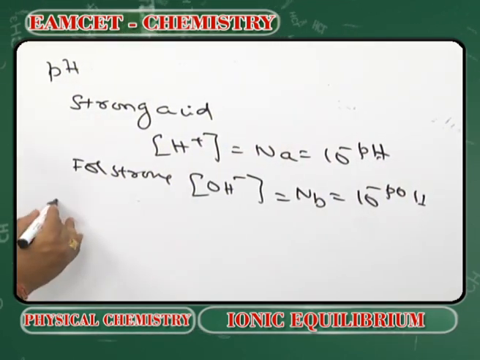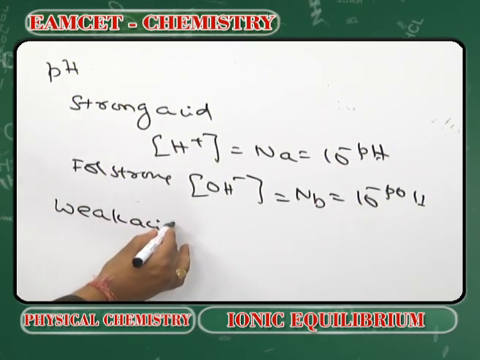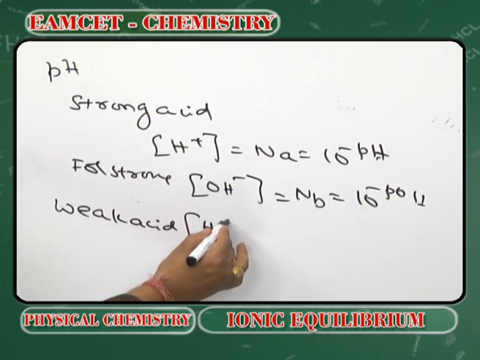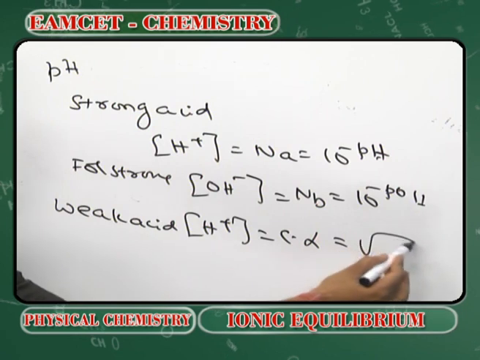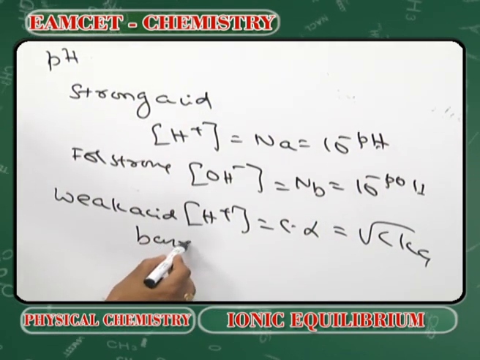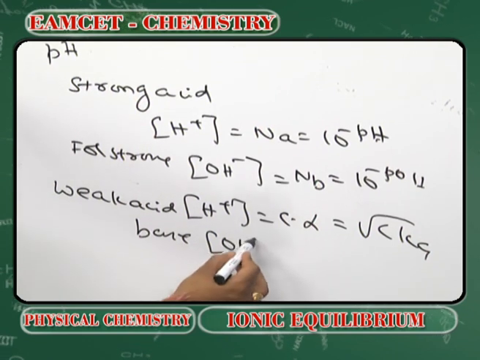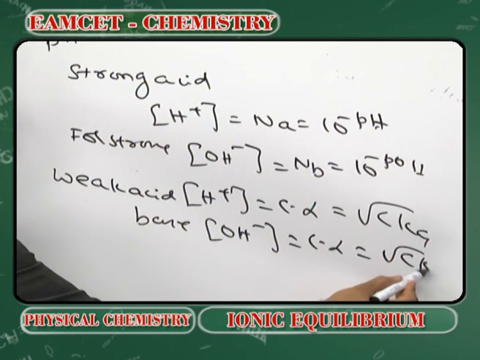In case of weak acids, H plus ion concentration is equal to C into alpha is equal to root CKa. Similarly, for weak bases, OH minus ion concentration is equal to C alpha, that is root CKb.